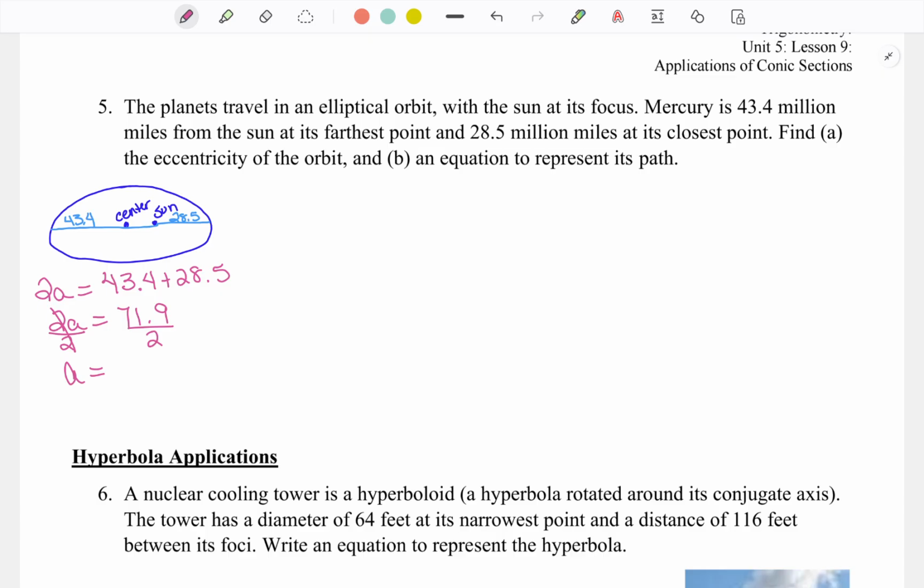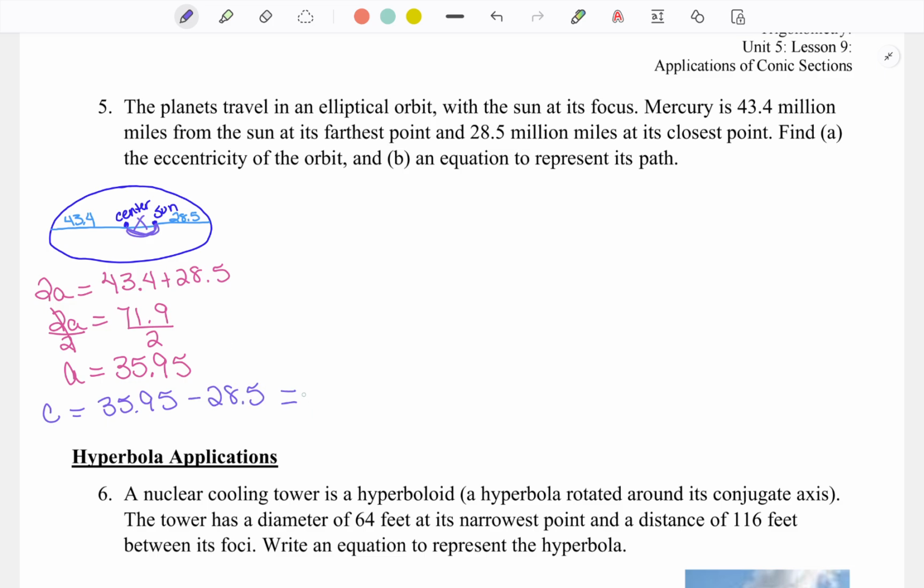So A equals 35.95. And so then we can find our eccentricity by first finding our C. So C is going to be the distance from the center to the foci. So we essentially are finding what that distance is here. And so C is going to be 35.95 minus that 28.5.